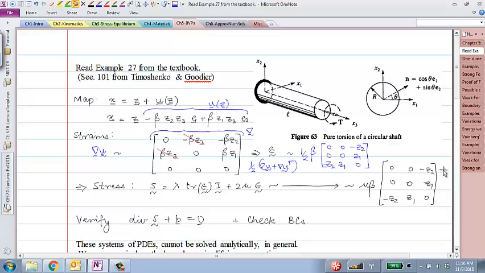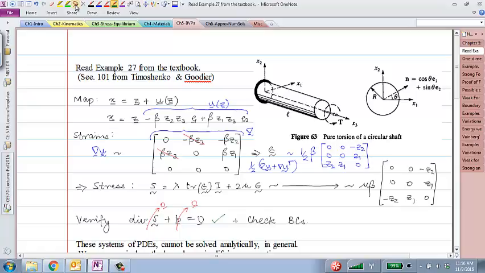And second row, of course, acting on that, there is this derivative with respect to z3 is 0. This derivative with respect to z1 is 0. This derivative with respect to z2 is 0. So clearly, divergence of S is 0 vector. Again, we'll assume body forces are 0. And therefore, we verified that the equilibrium equations are satisfied.